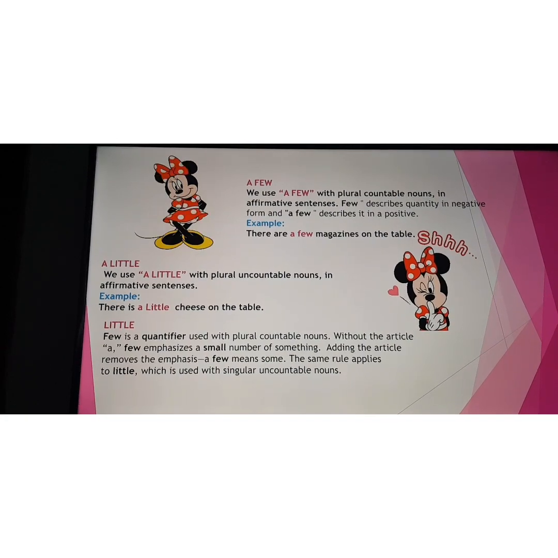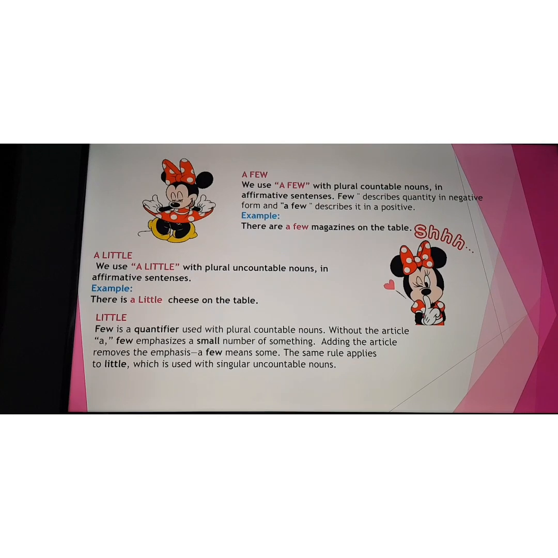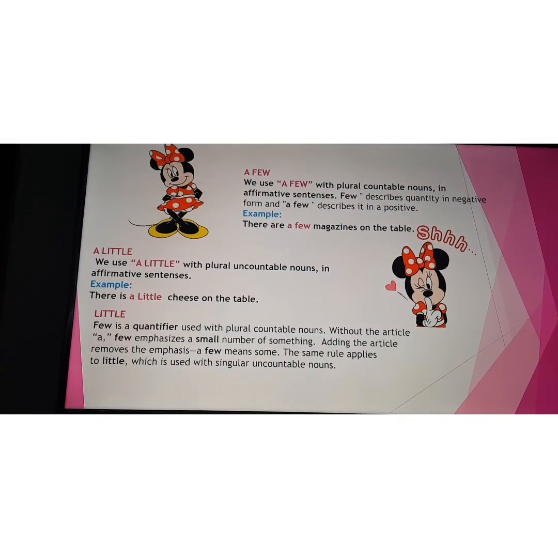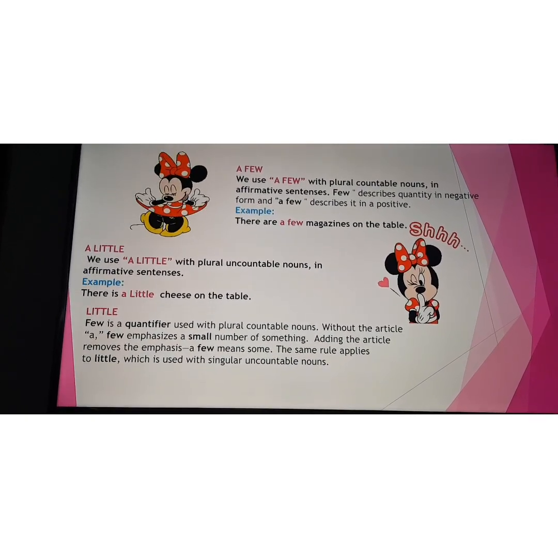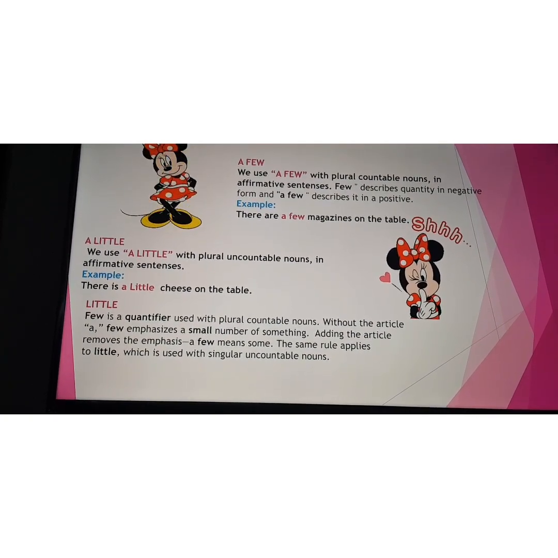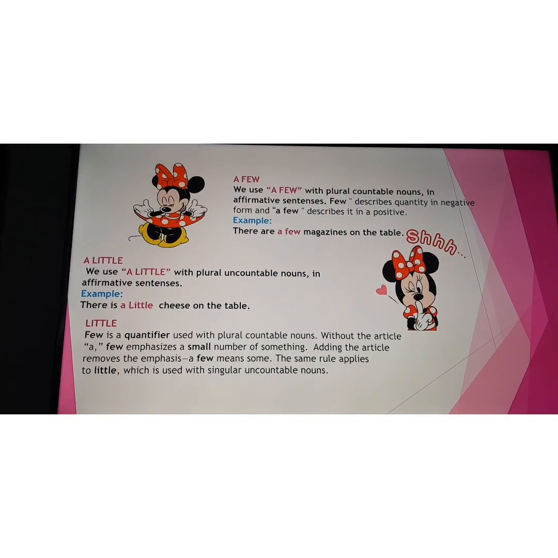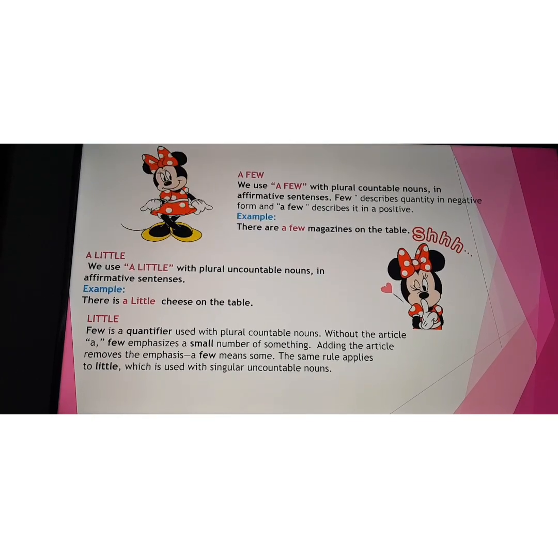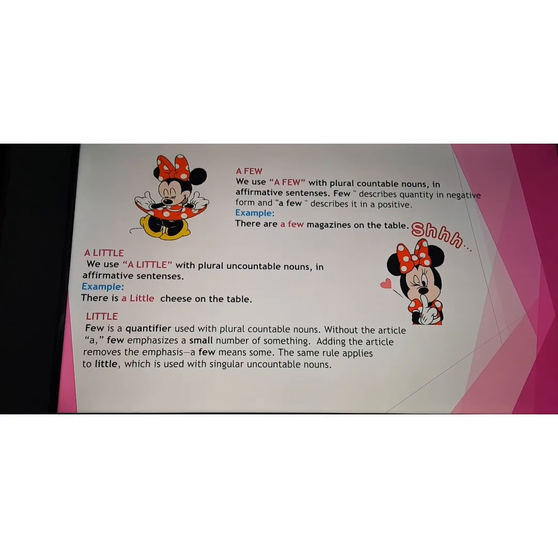Okay, then a few. A few is another quantifier word. A few is used for plural countable nouns in affirmative sentences. Few describes the quantity in a negative form, and a few describes it in a positive form. The example could be, there are a few magazines on the table. And a little, we use a little with uncountable nouns in affirmative sentences.